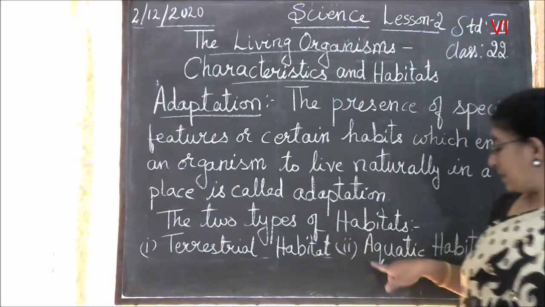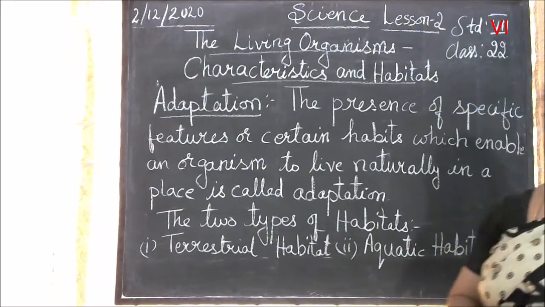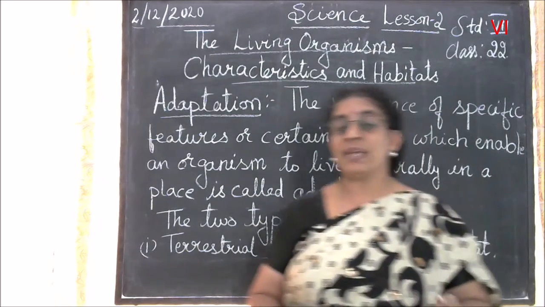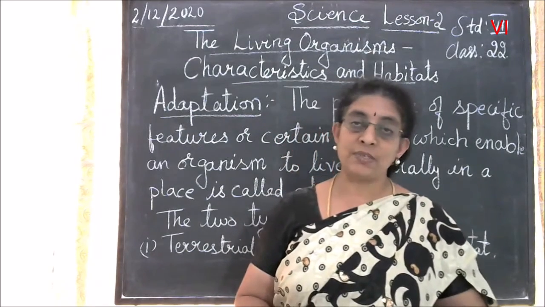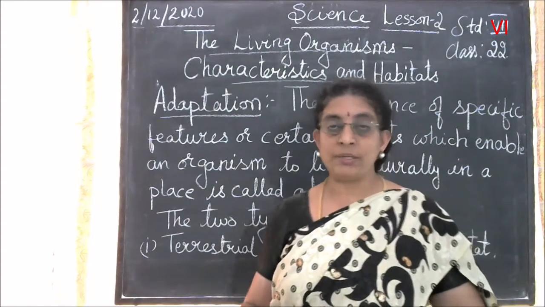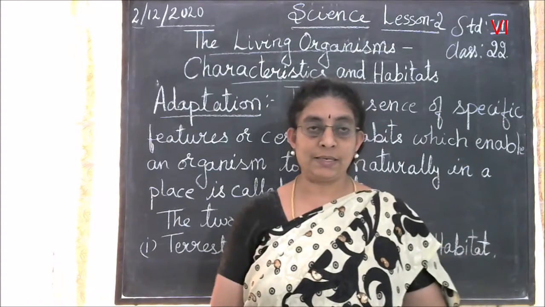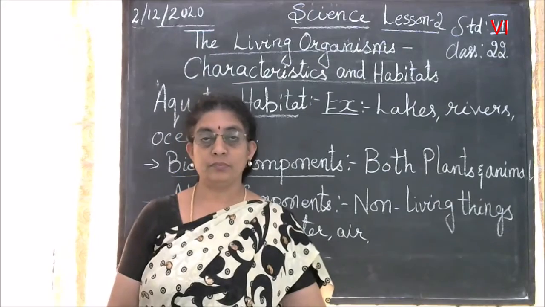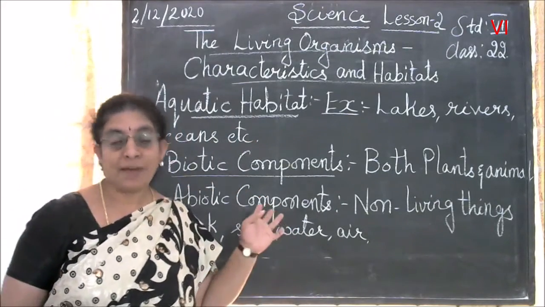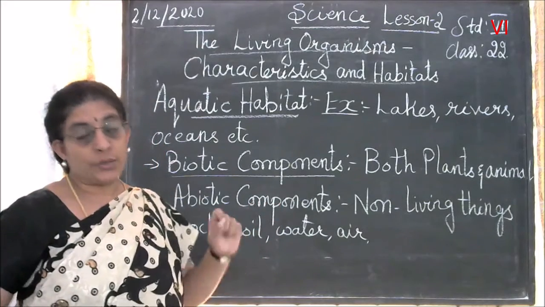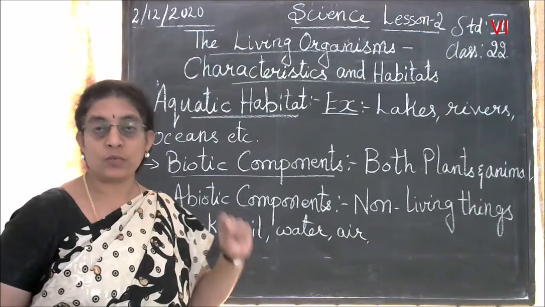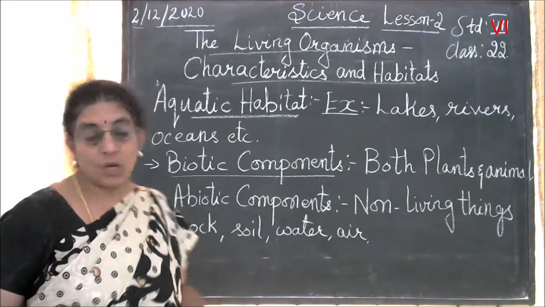So what is the meaning of aquatic habitat? Aquatic habitat means it is for the animals and plants which live in water. So we'll see a little in detail about the aquatic habitat. As I told you, aquatic means the plants and animals which live or dwell in water.